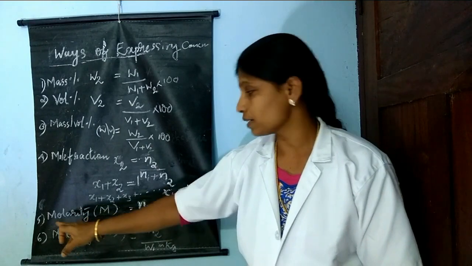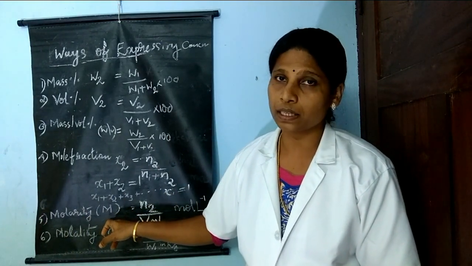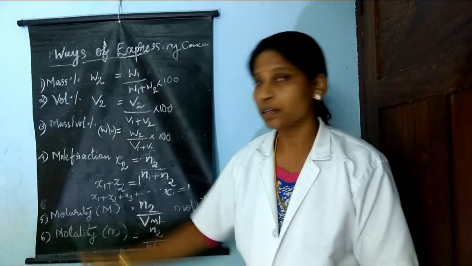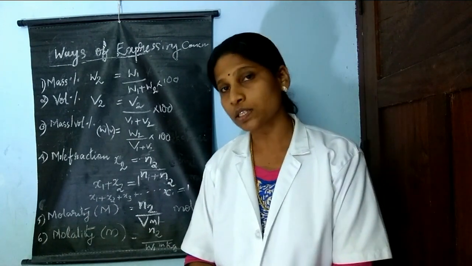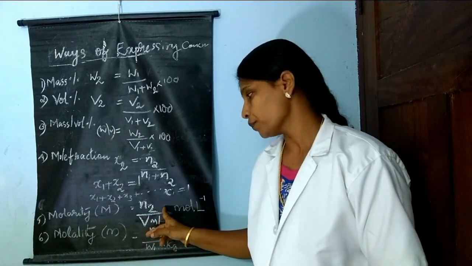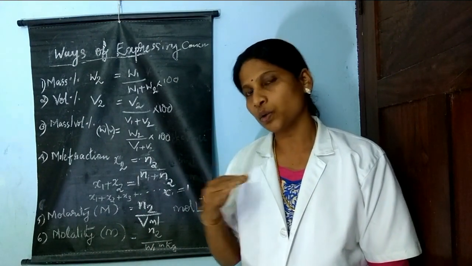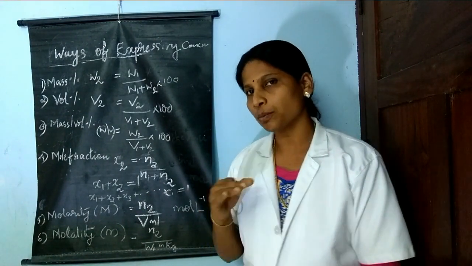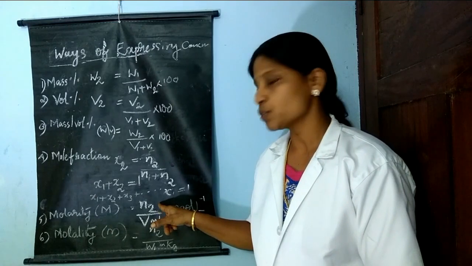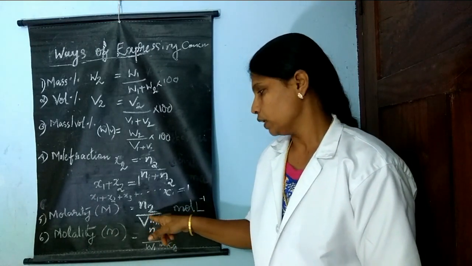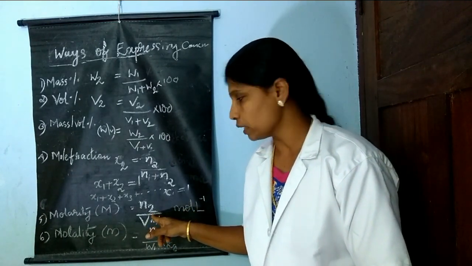It's very important. It is denoted by the capital letter M. Here, molarity is the number of moles of solute dissolved in 1 liter of solution. Here, we are taking volume of solution in liter, N2 number of moles of solute, V volume of solution in liter.